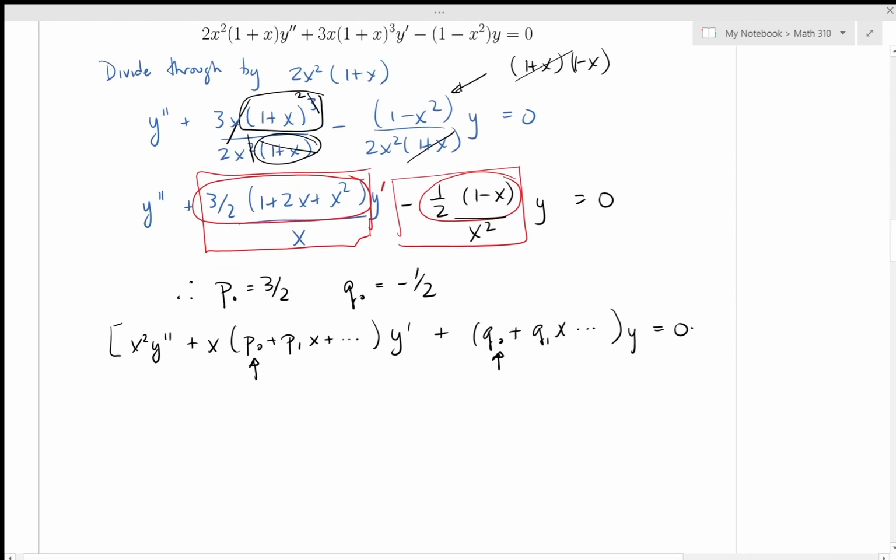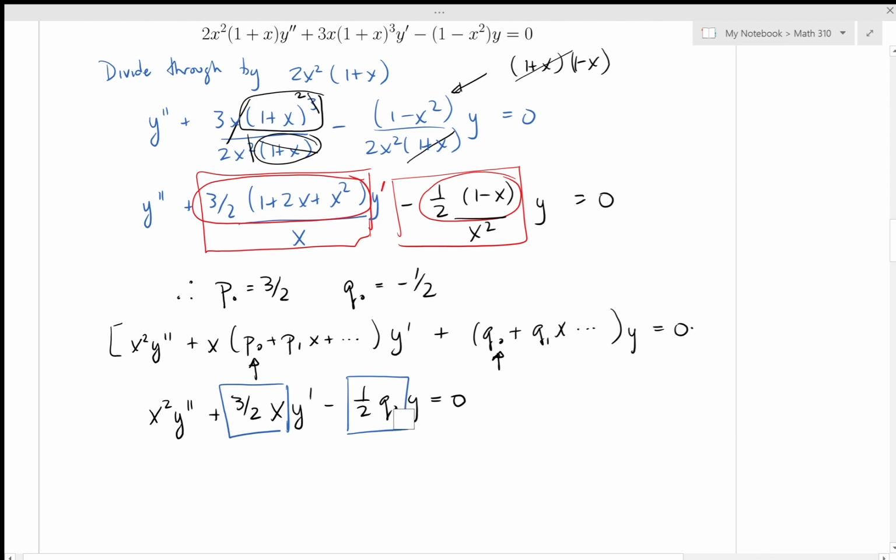Then I rewrite my ODE, or more accurately, I rewrite the corresponding Euler equation to this ordinary differential equation at the singular point, and it looks like this. That's the corresponding Euler equation.